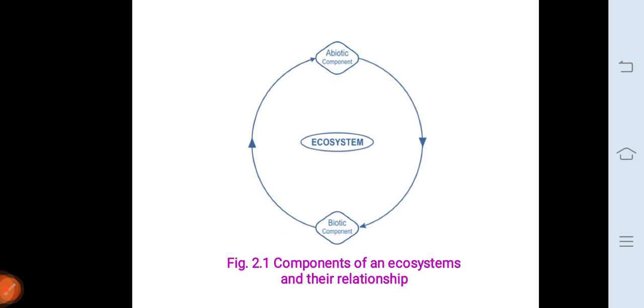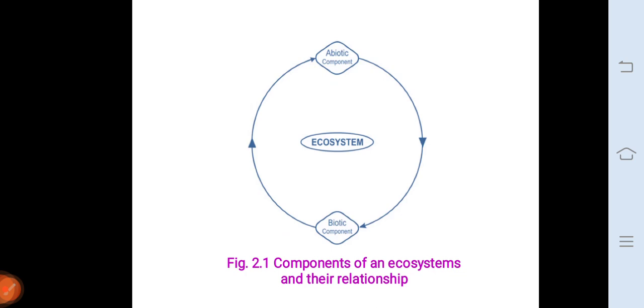The members of autotrophic components are producers, which are autotrophs. They derive energy from sunlight and make organic compounds from inorganic substances. For example, green plants, algae, bacteria, etc.